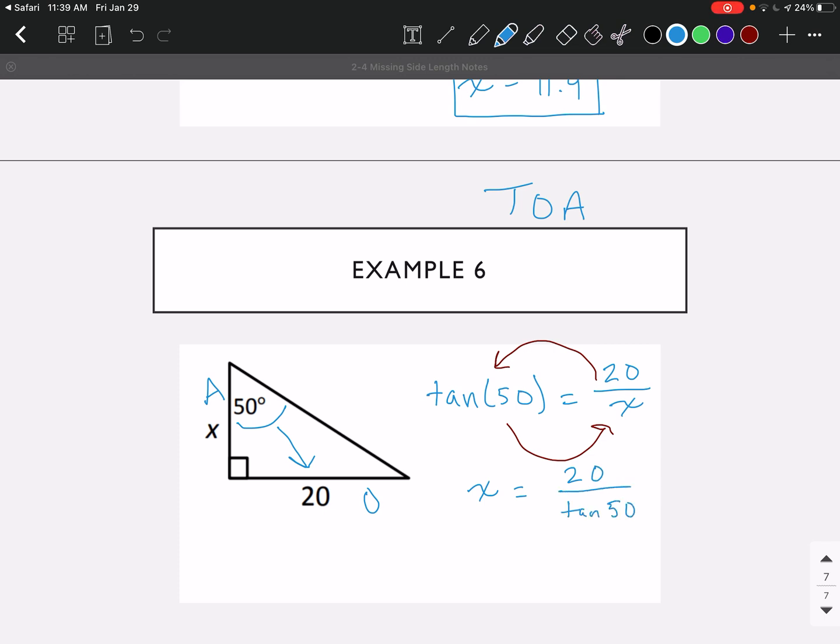On my calculator, we'll hit 20, divide, then trig, look for tan, and in the parentheses put 50, and we'll end up with x equals 16.8.